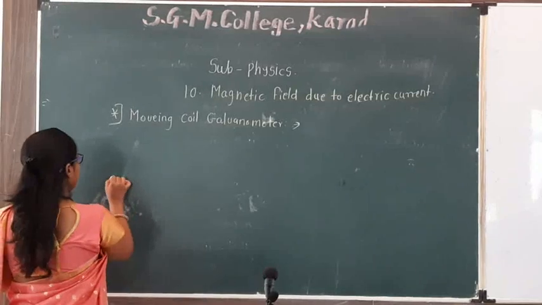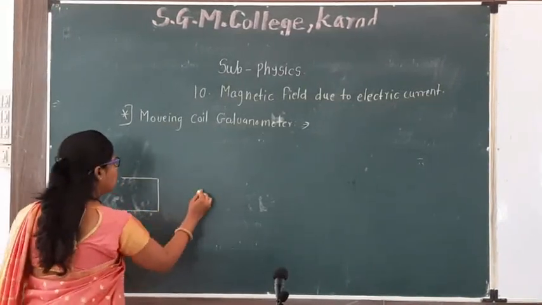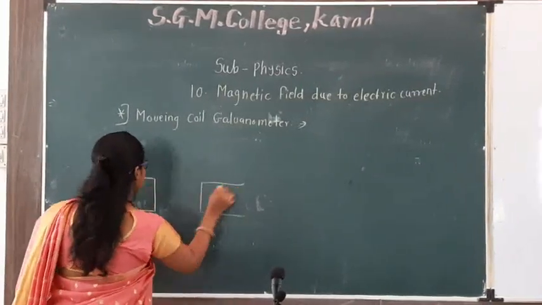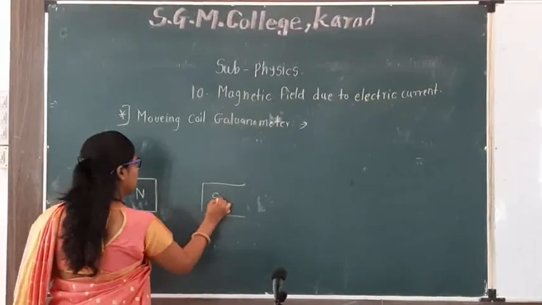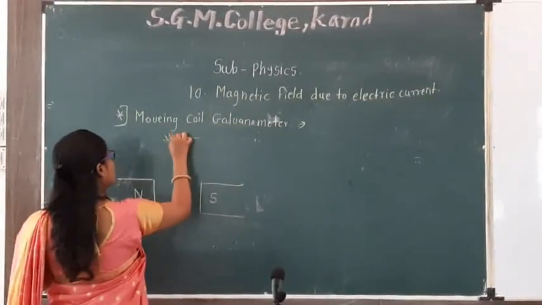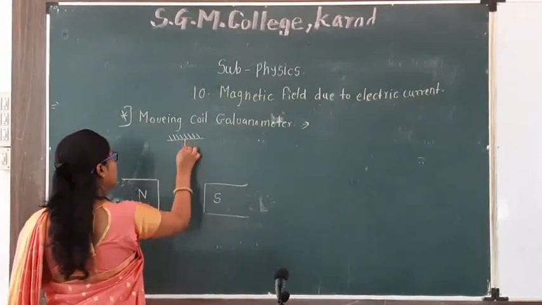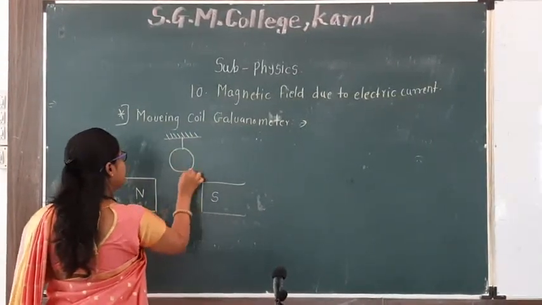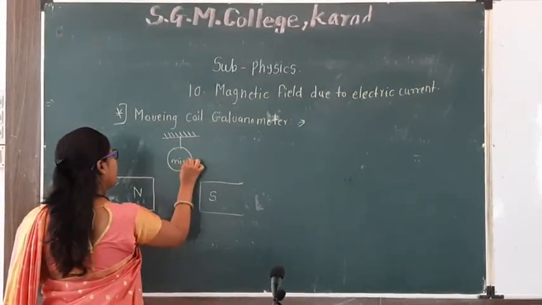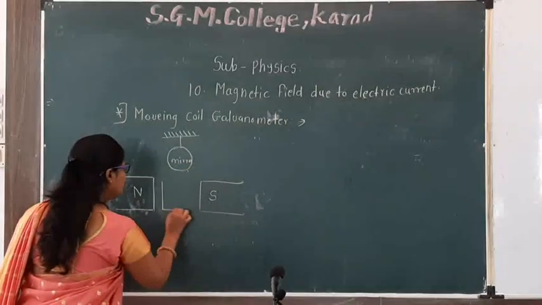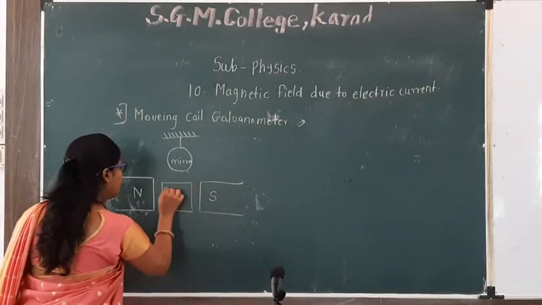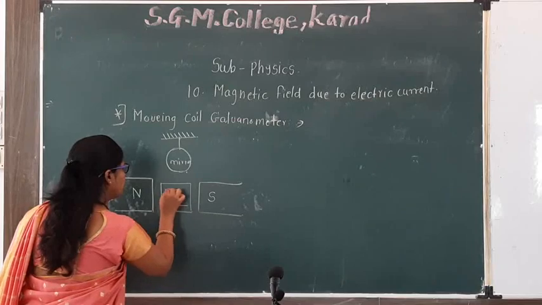Now see here, two pole pieces of a magnet, north and south pole. Here rigid support is given to the mirror. Here the rectangular coil is placed in the center of the two pole pieces of the magnet.